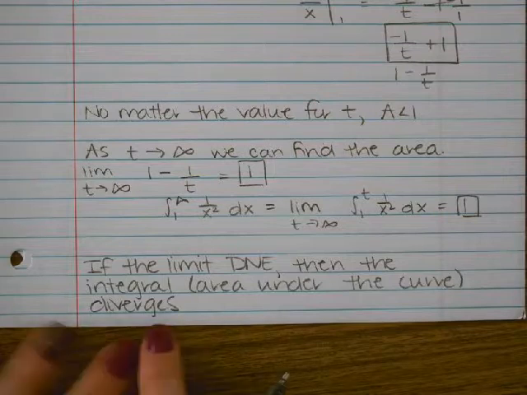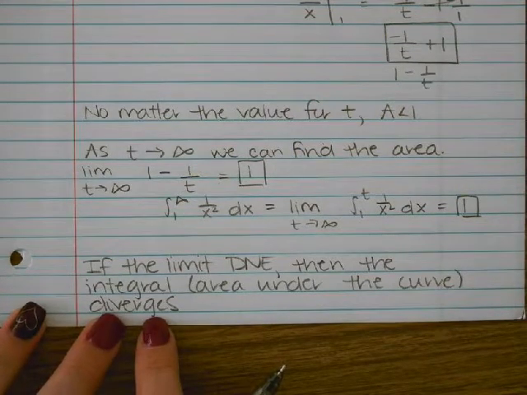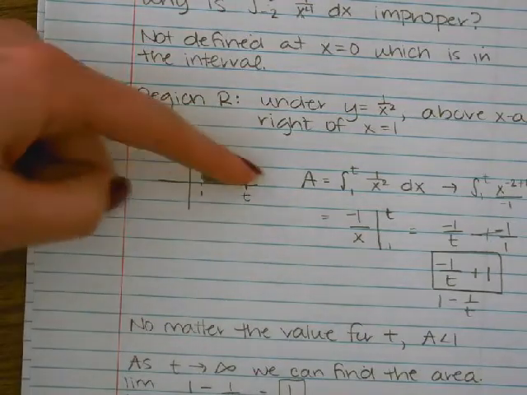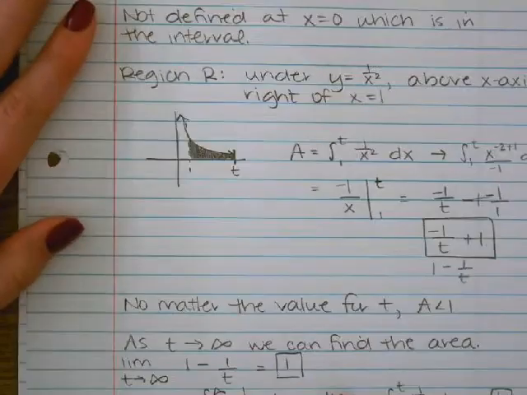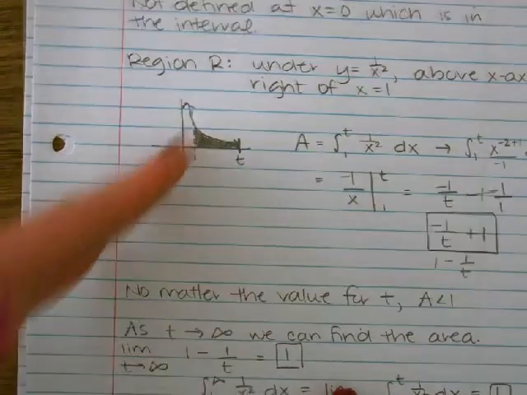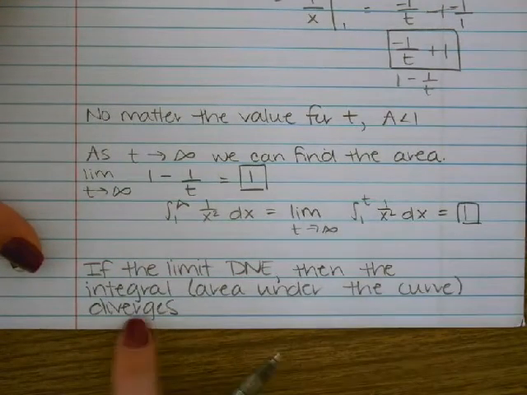So the area underneath the curve is going to diverge if that area is increasing without bound. The area we were able to find was getting closer and closer to the x-axis, so eventually we had an area that's pretty enclosed, as opposed to a line that's just going up forever. That area would be getting larger and larger, and we would say it diverges.